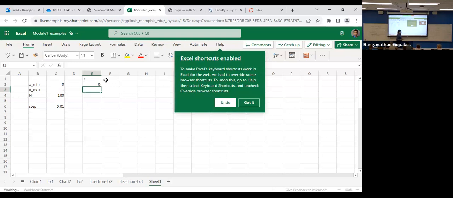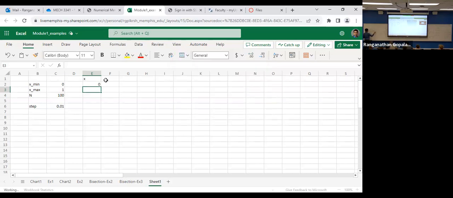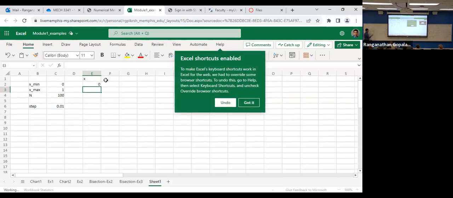So here is my X. X equal to X min, which happens to be 0 in this problem. What is my next point? I have to take this and add delta x, right? So this is nothing but x min plus delta x, second value. And what is my third value? That is the previous value plus delta x.